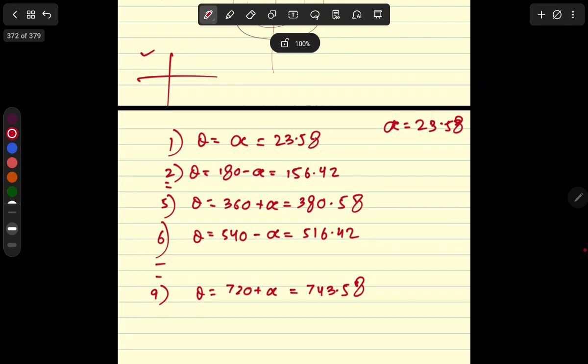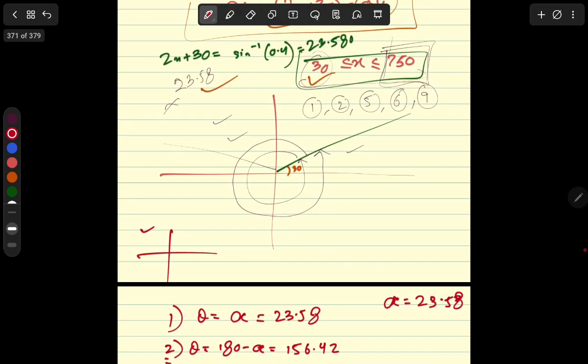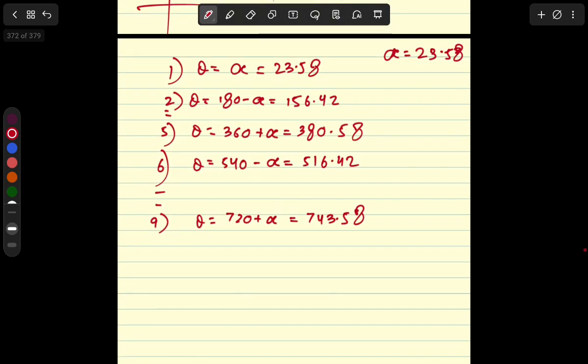Now, if you look at the given domain, which is between 30 and 750, you are going to reject this one, and you are going to accept all the rest. Now, these are not the answers for x.